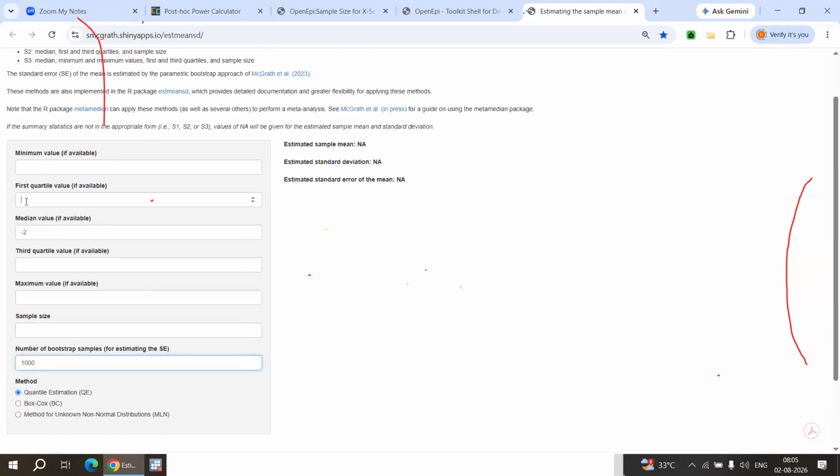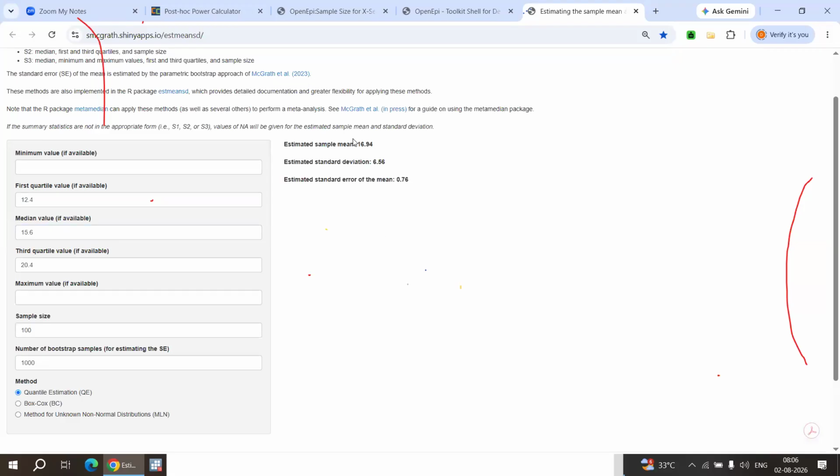Suppose our first quartile is 12.4. Median is, suppose, 15.6. Third quartile is 20.4. Okay. Then our sample size is 100. Then you can see the answer.